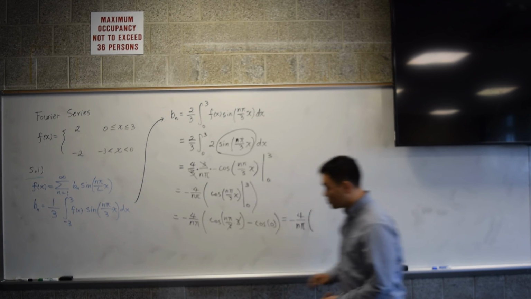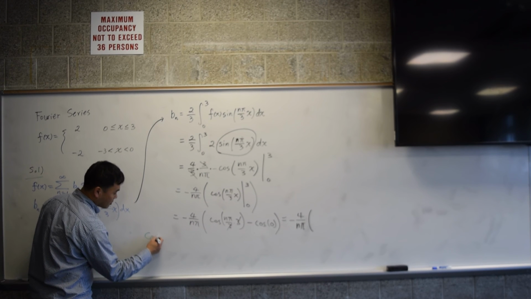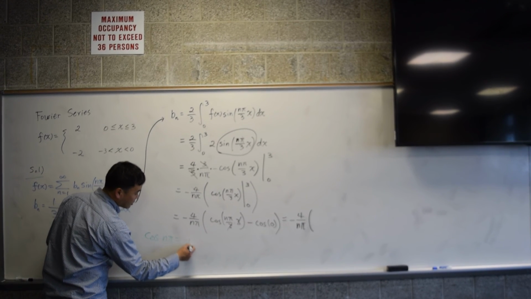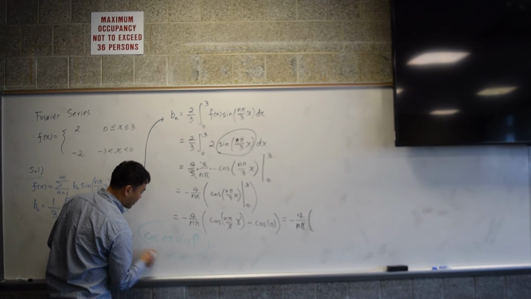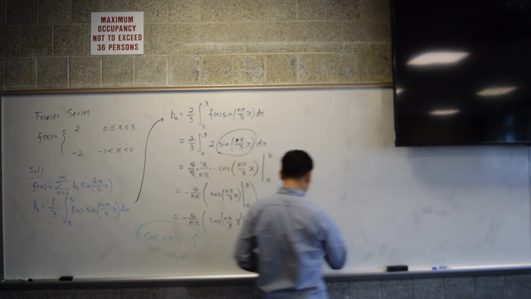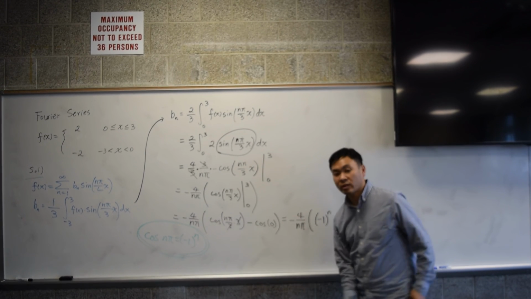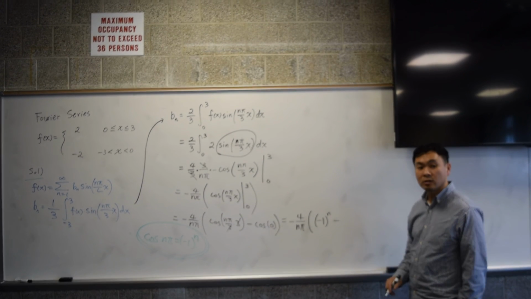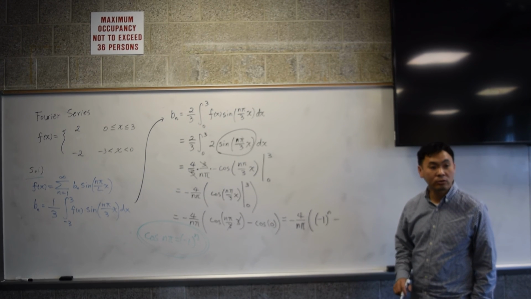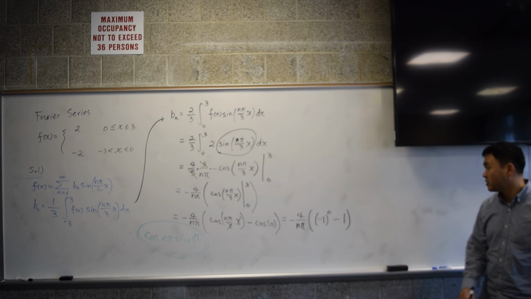I told you to memorize this as a formula: cosine n pi is -1 to the nth power. Let's not forget this, we will use it frequently. What's cosine of 0? Cosine 0 is 1. So that's your Bn.